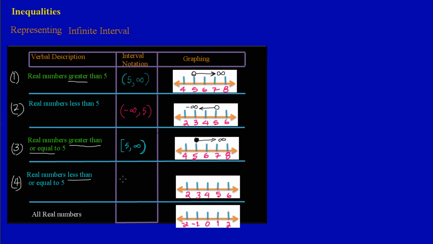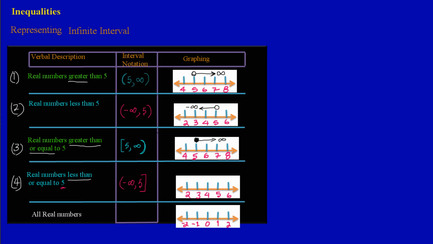Once I'm going to infinity, it doesn't matter whether negative or positive, I must use my parenthesis. So this indicates that I'm going to negative infinity, comma, and then 5 would be my boundary that I'm dealing with. However, if you notice, it states that it is less than or equal to. So once it states less than or equal to or greater than or equal to, I must use my square brackets, or my braces. So I use that kind of bracket.